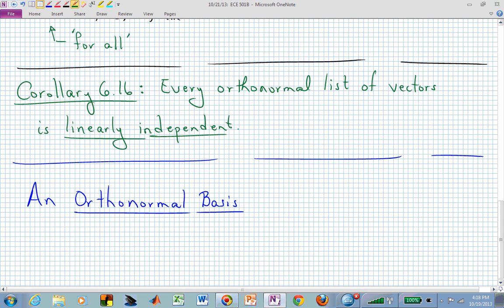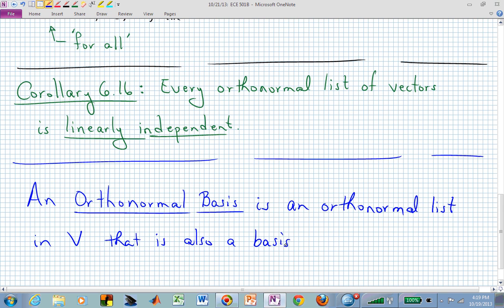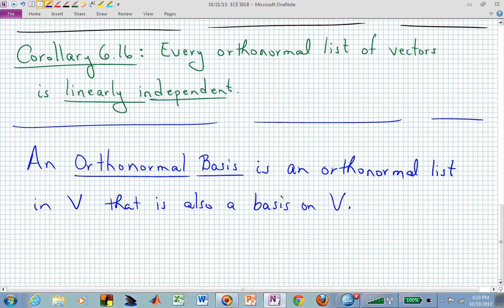An orthonormal basis is an orthonormal list in our vector space, capital V, that is also a basis on V. And we know what it means to be a basis.